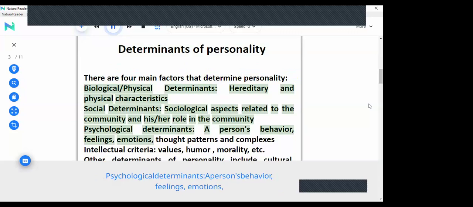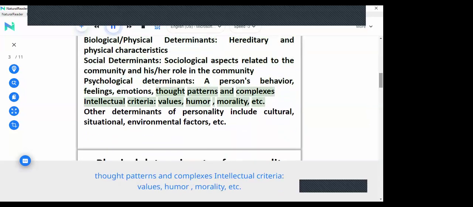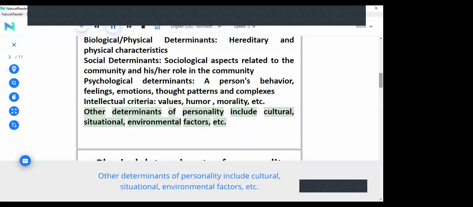Psychological determinants: a person's behavior, feelings, emotions, thought patterns and complexes, intellectual criteria, values, humor, morality, etc. Other determinants of personality include cultural, situational, environmental factors, etc.